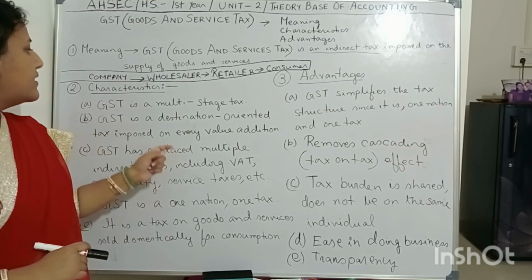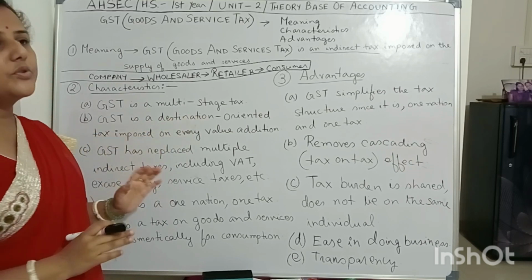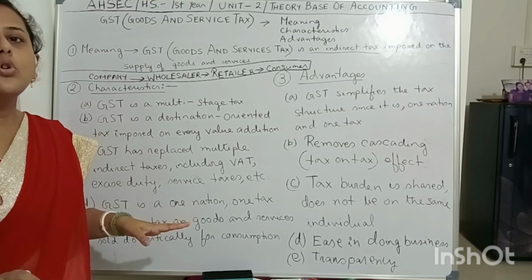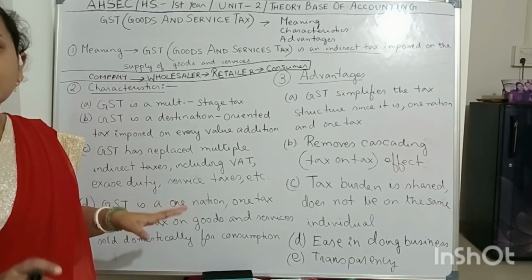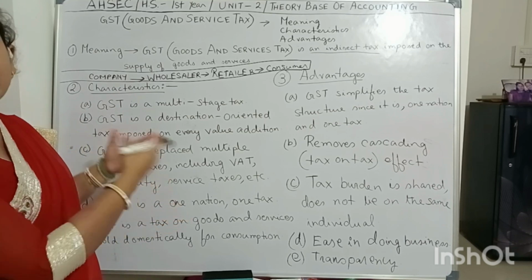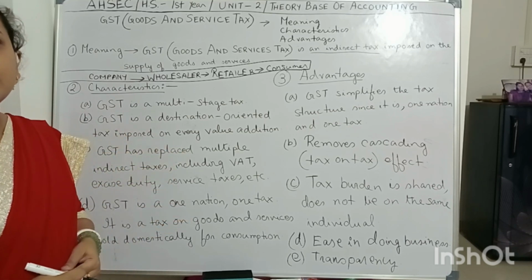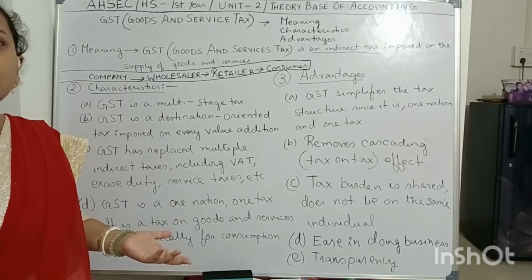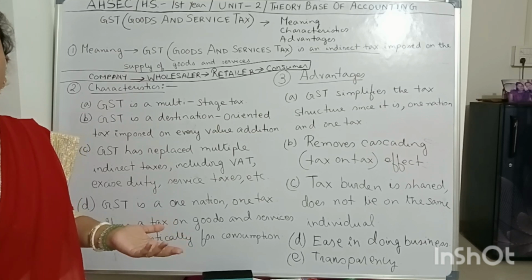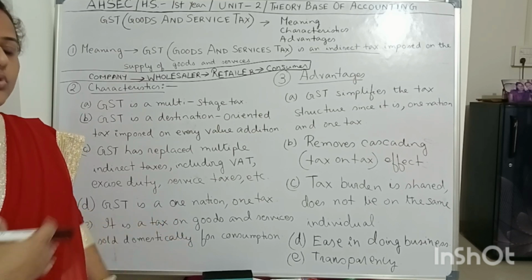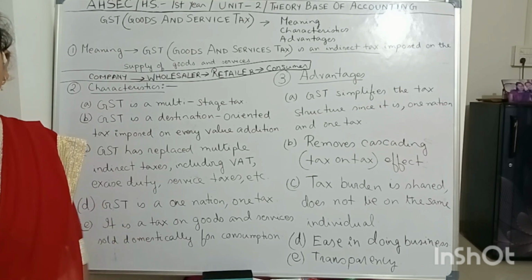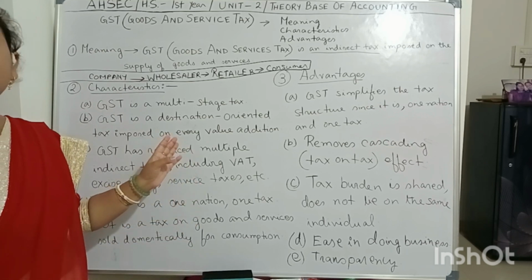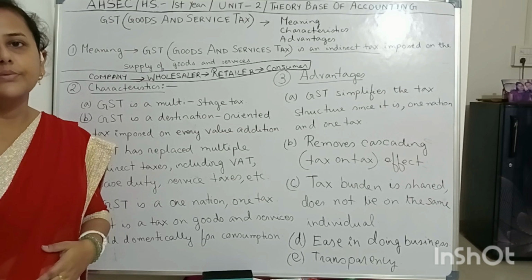It is destination oriented because it is paid at the very place where the ultimate consumer is staying, not any other place. We are residing in Guwahati, so we pay GST of Guwahati, not of Delhi, Bombay, Kolkata, etc.